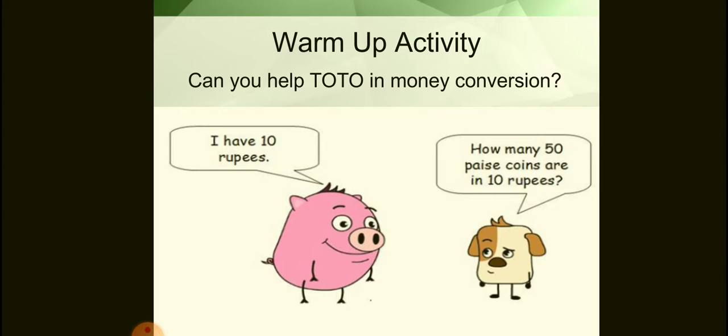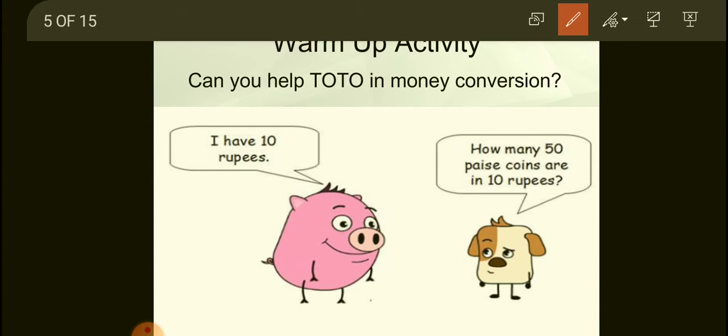So can you help Toto in money conversion? Toto has 10 rupees. So how many 25 paisa coins are in 10 rupees? Students, how many 50 paisa coins are there in 1 rupee?